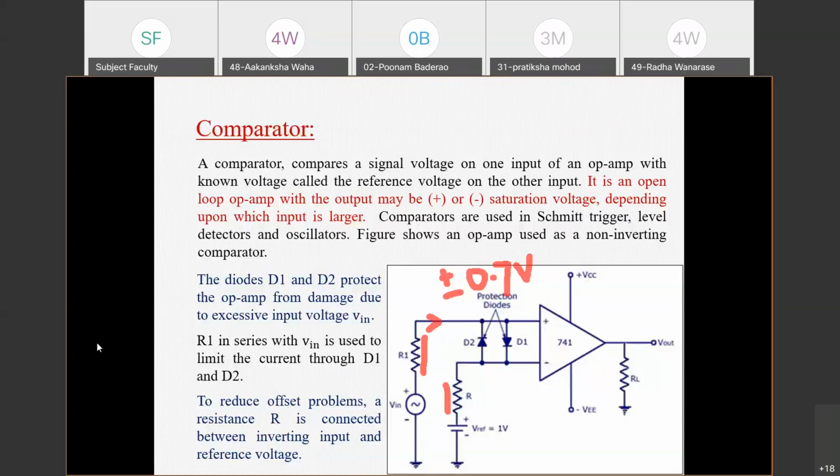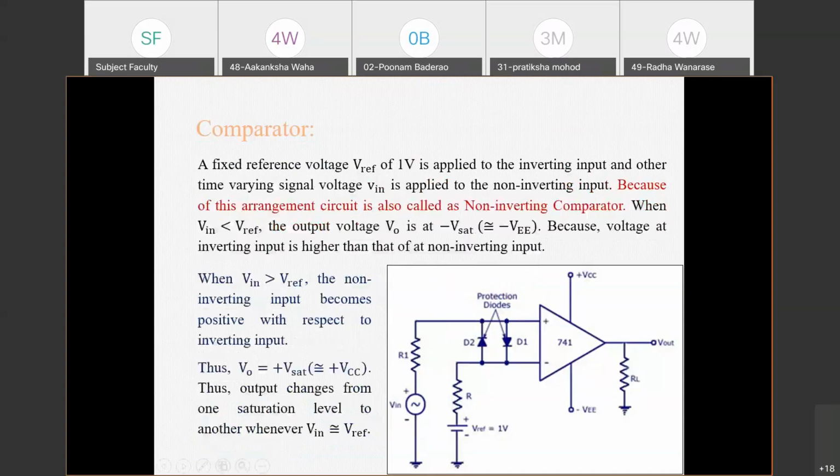Now we will see the exact working of this comparator. You can observe here a fixed reference voltage V reference of 1 volt is applied to the inverting input. And the other time varying signal voltage V in is applied to the non-inverting input.